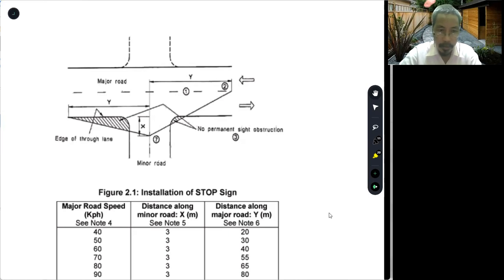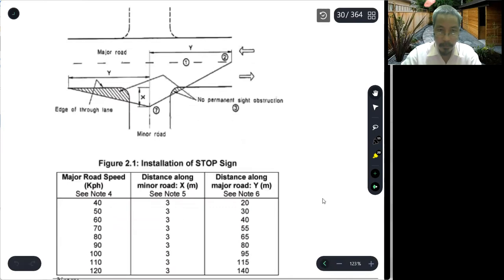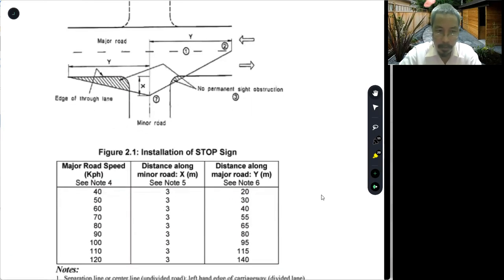Major road speed. So it depends on the speed, from 40 kph to 120 kph. Distance along minor road, X meters. You can look at the diagram. What do we mean by X meters?